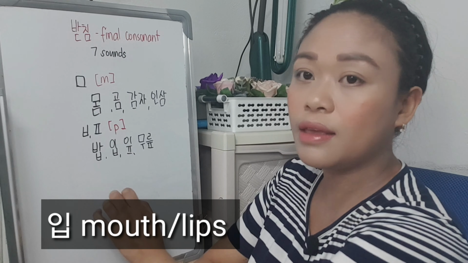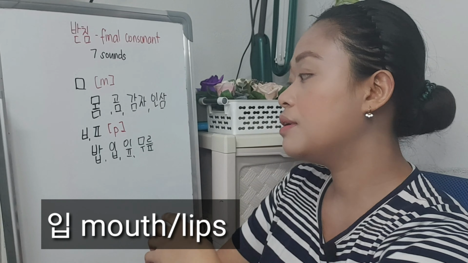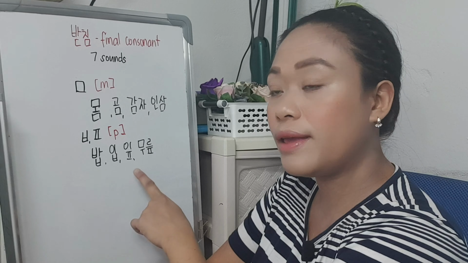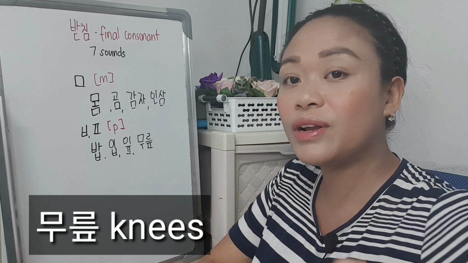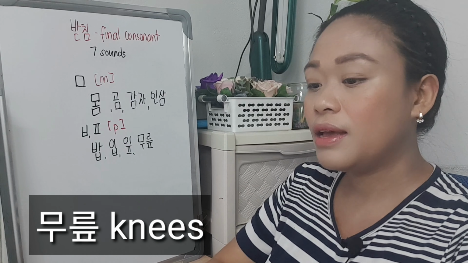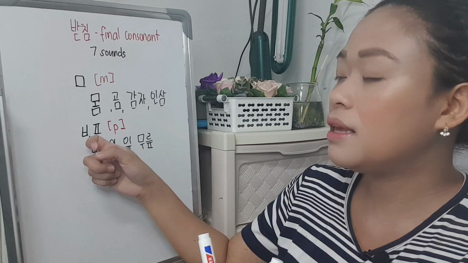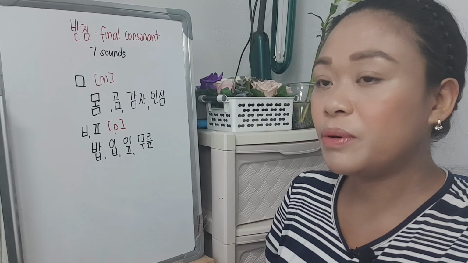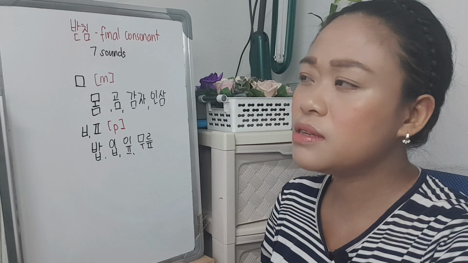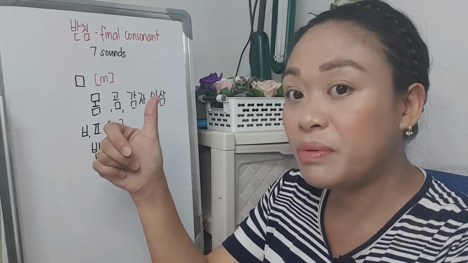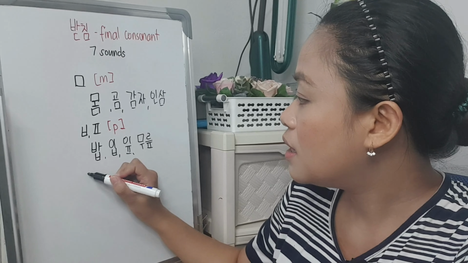Ip is your mouth, and ip is also leaf or leaves. Murok is your knee. So piyup represents P, or sometimes it's in the middle, in between B and P. Last but not least is iyang.